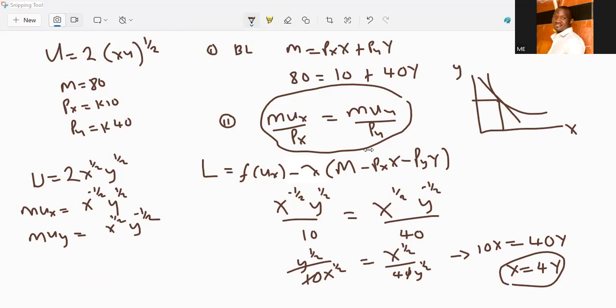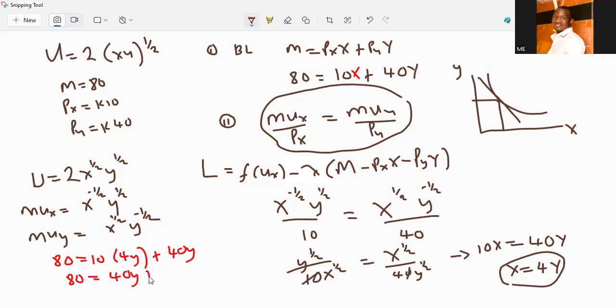So once you get that, you substitute this back into the original function here. Where there is x, we put 4y. So we're going to have 80 is equal to 10x, so 10 times 4y, plus 40y. So we have 80 is equal to 40y plus 40y.